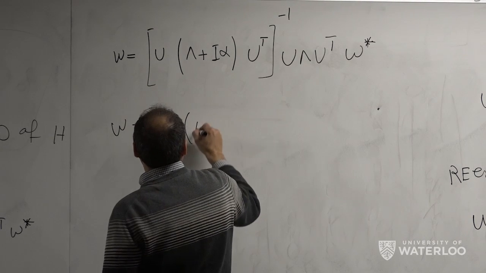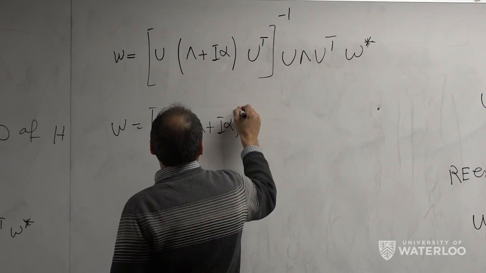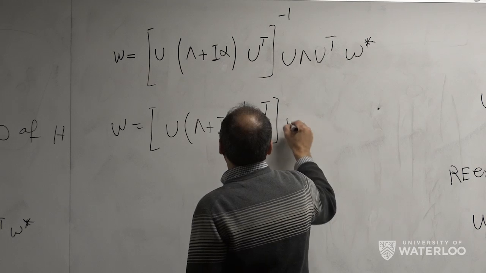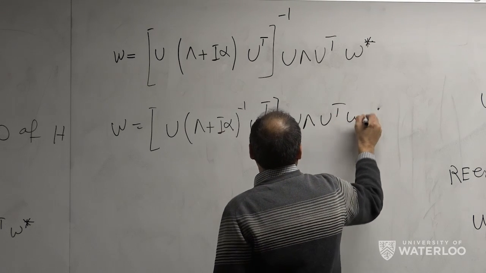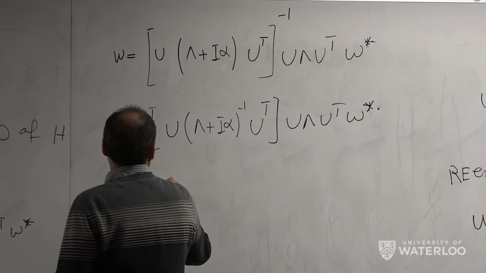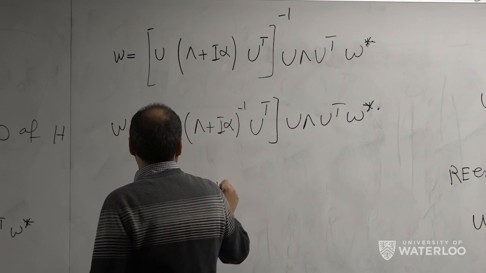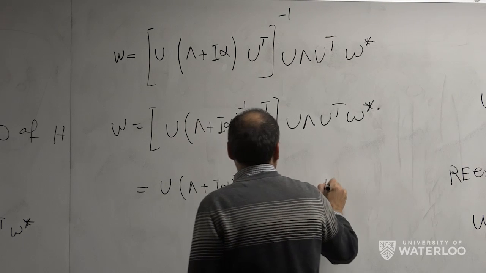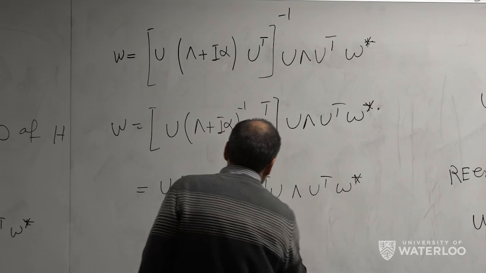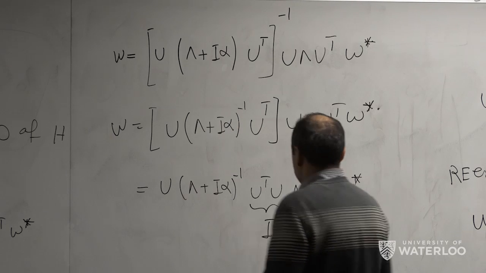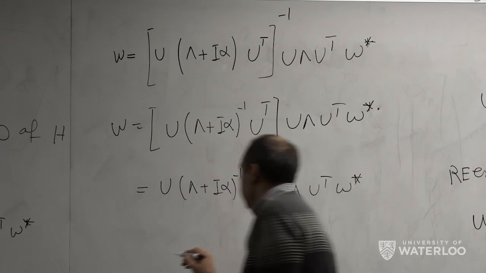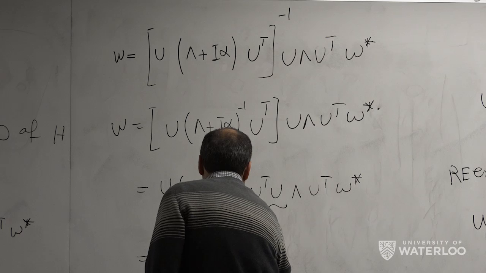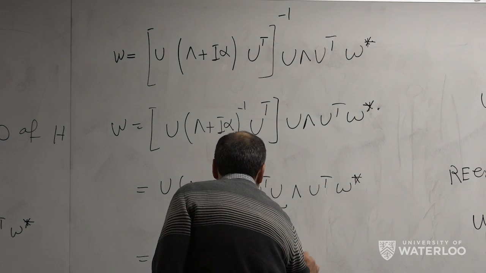This is U (lambda plus I alpha) inverse U transpose, U lambda U transpose w star, which is equal to U (lambda plus I alpha) inverse U transpose U lambda U transpose w star. This U transpose U is identity. So it's equal to U (lambda plus I alpha) inverse lambda U transpose w star.